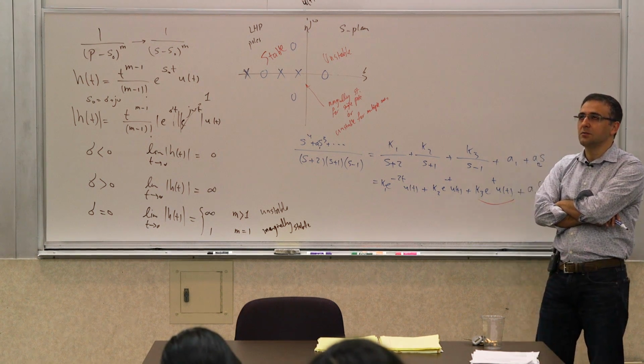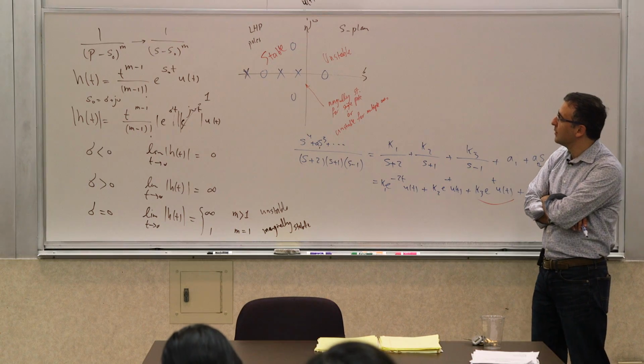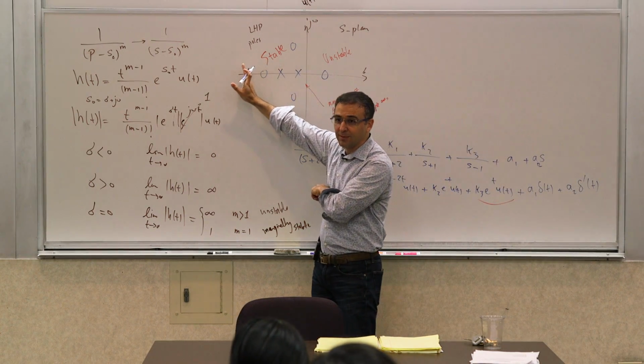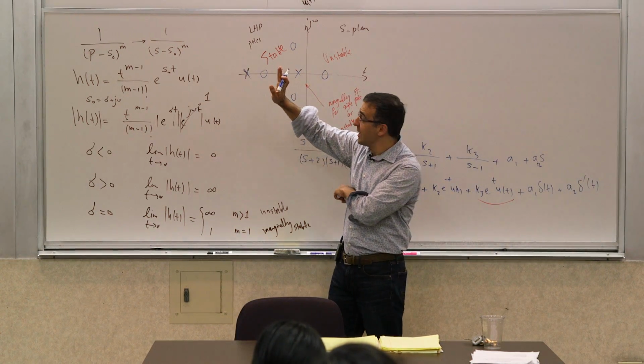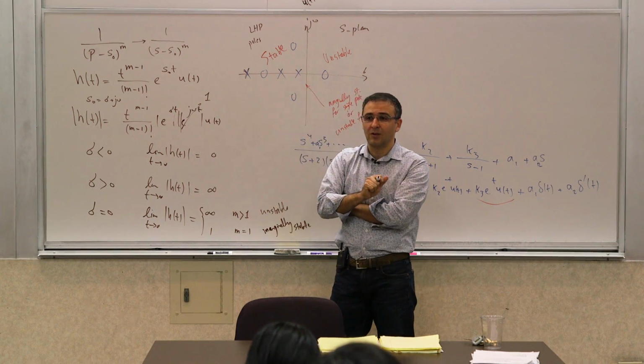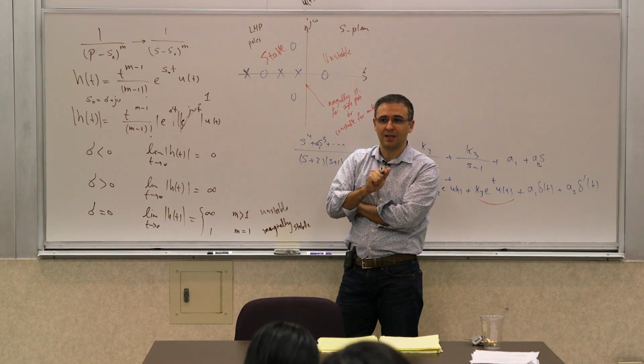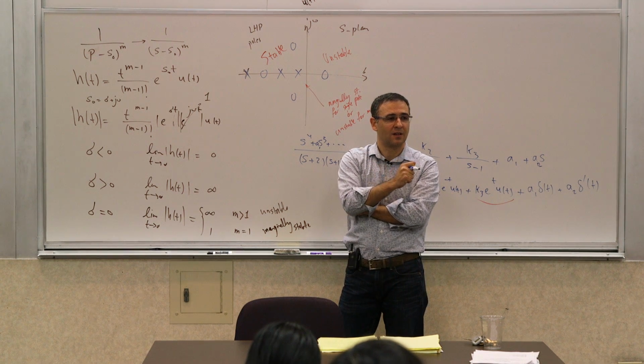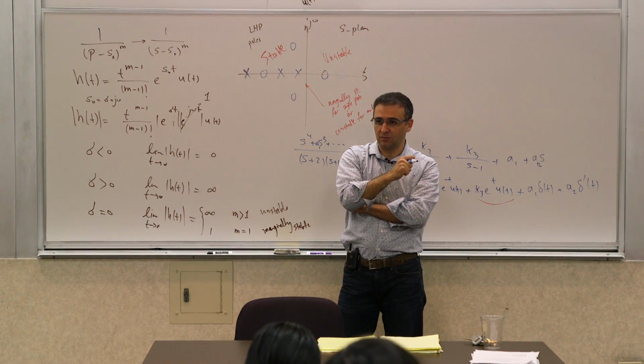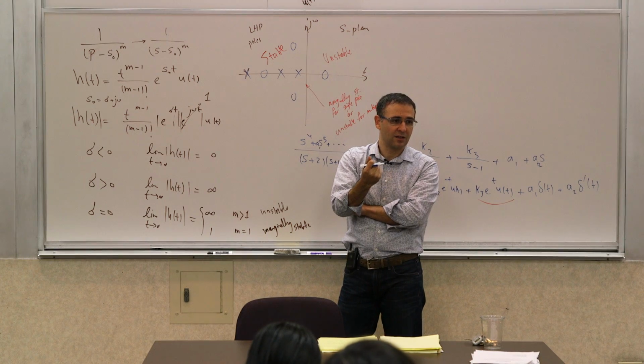So you're saying that all the poles need to be on the left half plane, or if they are on the j omega axis, what about them? They can have a multiplicity essentially.